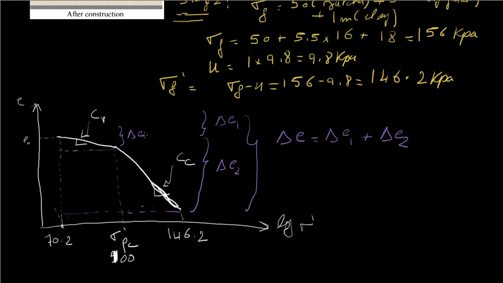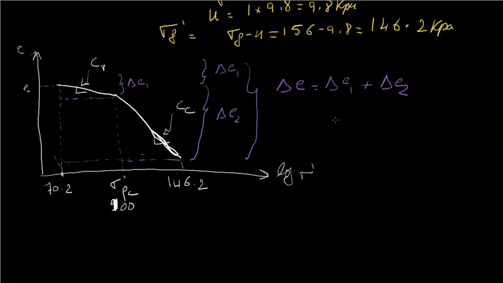Delta e1 is following the recompression line, so I can say that CR equals delta e1 over log sigma dash pc over sigma initial.